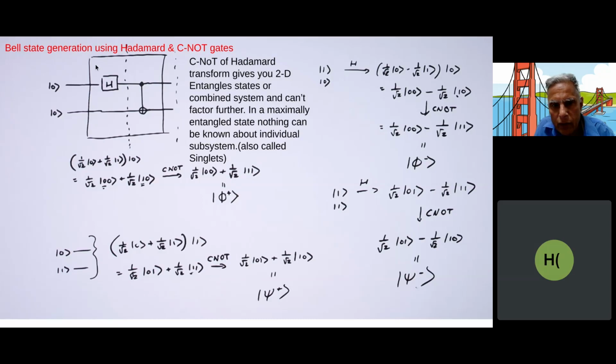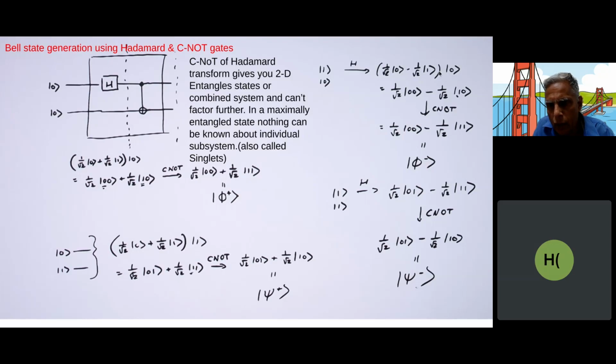Same way, to the same circuit, if you give 1 1 as the input and 1 0 as the input, the Hadamard transforms this ket 1 into the x basis representation, which we normally call minus. In terms of the z basis, it is 1 by root 2 ket 0 minus 1 by root 2 ket 1.